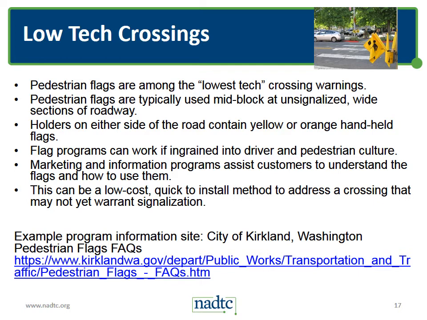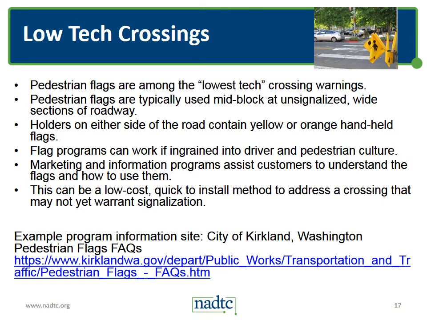And the opposite, if you will, example of a low-tech, non-signalized crossing would be the pedestrian flag system. You may have seen these in some cities across the country, particularly out west. I've used flags in Salt Lake City, Utah, and the example on slide 17 is from Kirkland, Washington. Pedestrian flags are yellow or orange flags that are carried by walkers.